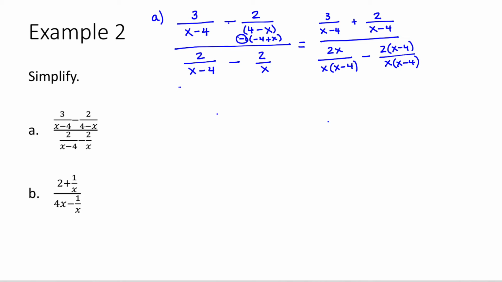Okay, so now I can add together the two fractions in the numerator, and I get 5 over x minus 4. And in the denominator, I have 2x minus 2 times x minus 4, all over x times x minus 4. And let's simplify this expression.